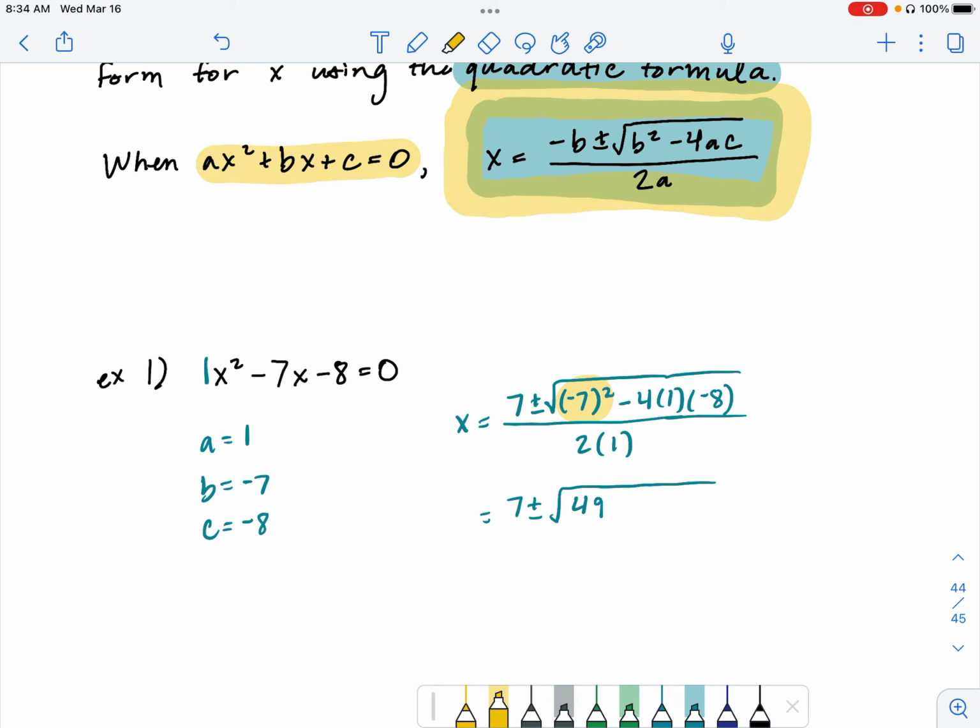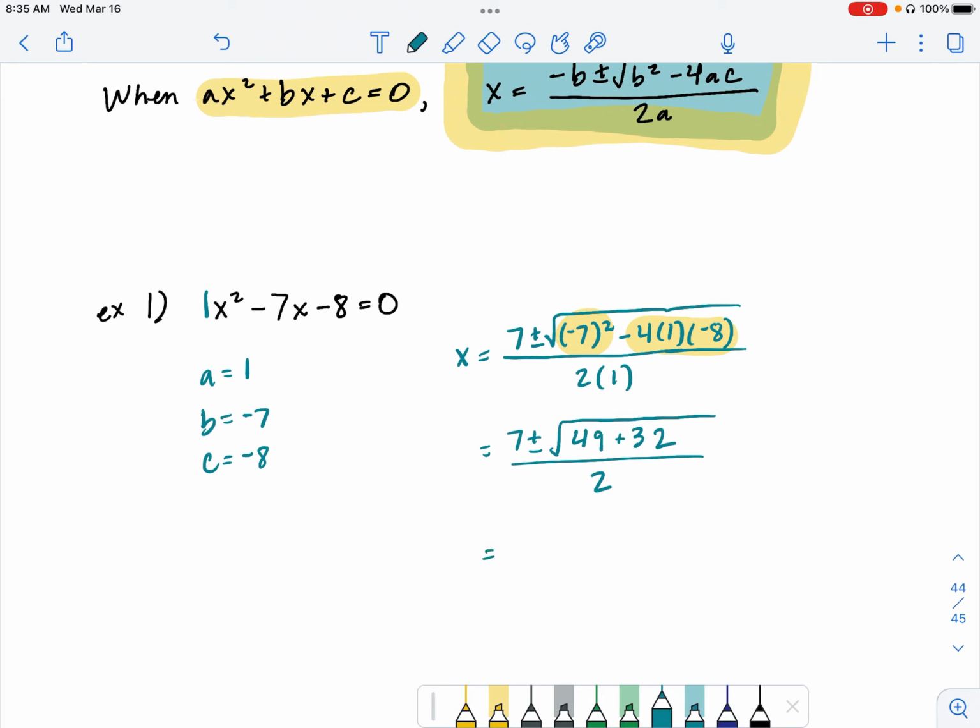I can simplify 4 times 1 times -8, which is -32, or since it's a -4 times 1 times 8, that's +32. And all of that is going to be over 2 times 1, which is 2.